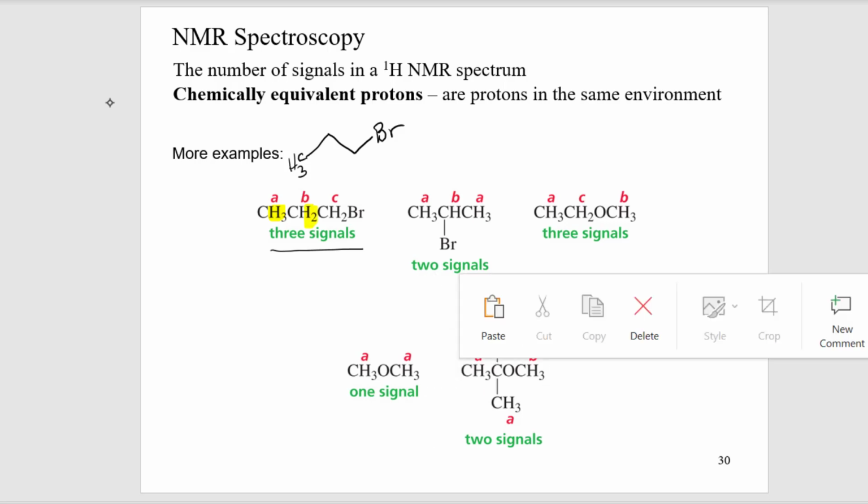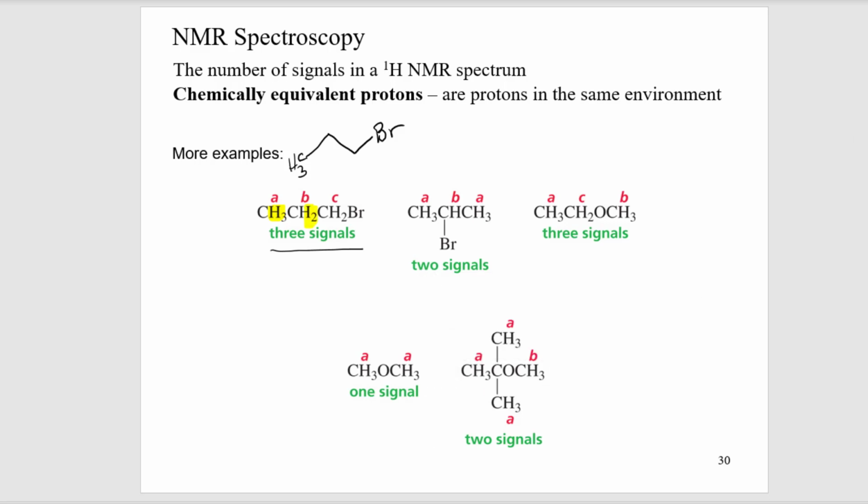Then you have hydrogens at B. These two hydrogens are on a carbon where on one side it's got a methyl, and on the other side it's got a CH2Br. They are in their own environment, so we'll call them, arbitrarily, environment B. And then we have another CH2. The hydrogens on that carbon have the bromine directly off of it.